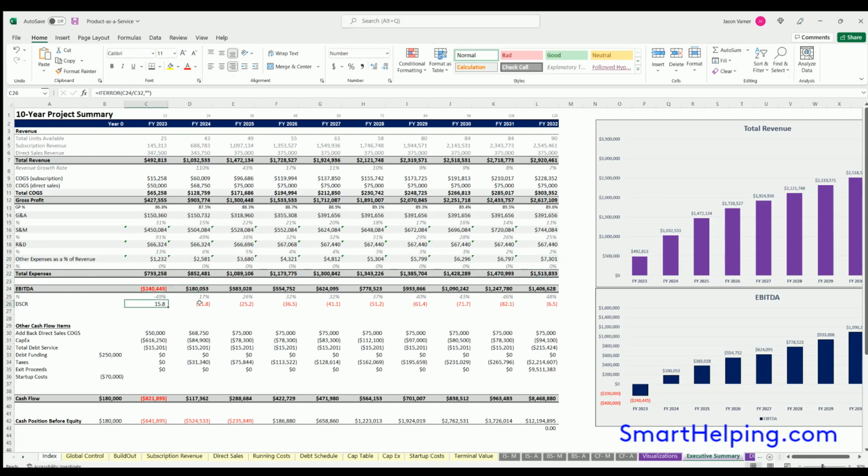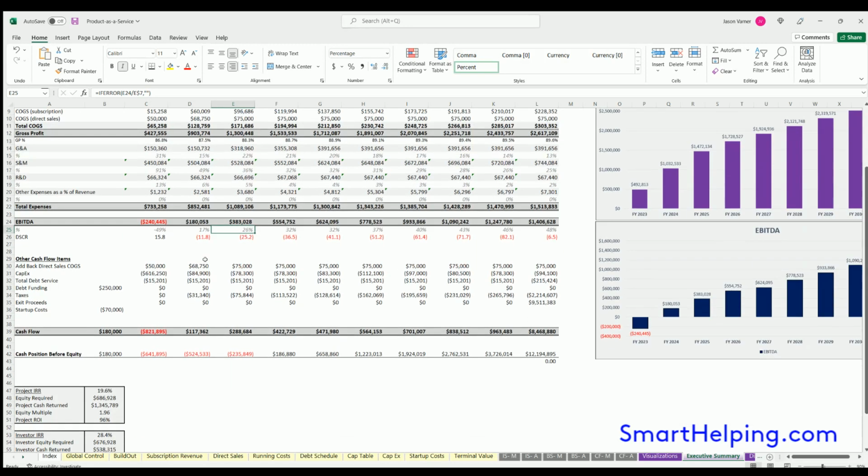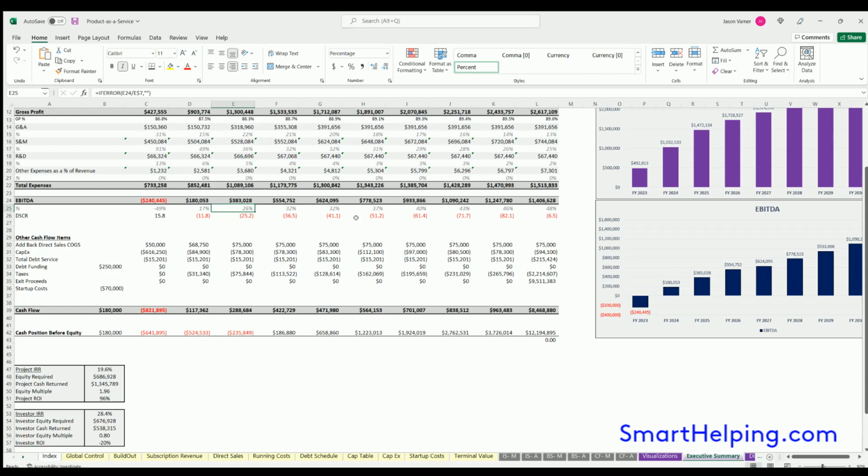We have debt service coverage ratio as well, percentage of EBITDA margin, and then we have other cash flow items, and you can see a whole view of how we get down to cash flow per period.